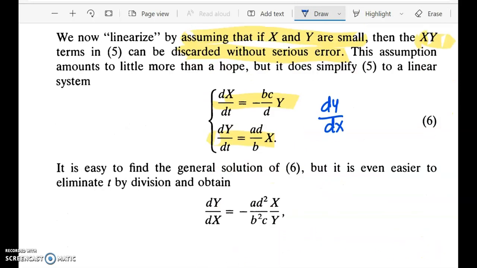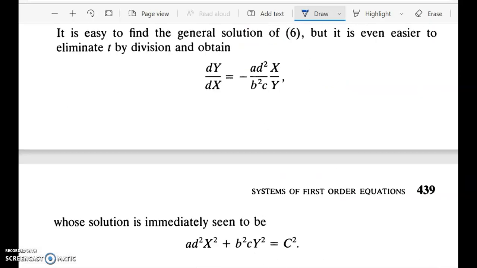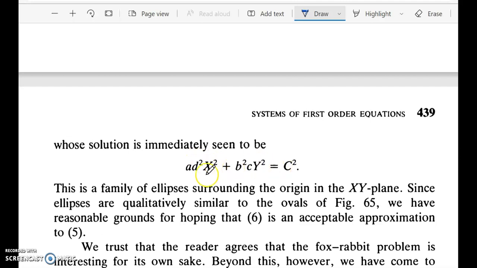So dY by dX is going to be equal to minus ad square X by b square c Y. Now we know that this equation is in variable separable form, so upon solving we will get the solution in the form ad square X square plus b square c Y square equal to C square, where this is an arbitrary constant. So this is an equation of an ellipse. Therefore the solution curves can be approximated by a family of ellipses. As the arbitrary constant varies, we will get a family of ellipses.